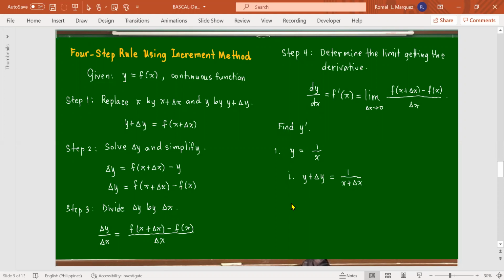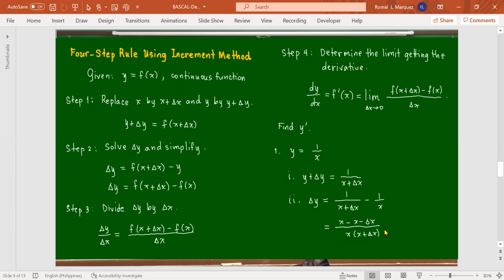And then after that, you solve for delta y. 1 over x plus delta x minus y. But what is my y? 1 over x. Then let's combine this as a single fraction. So to get in the numerator, x minus (x plus delta x), all over x times x plus delta x.